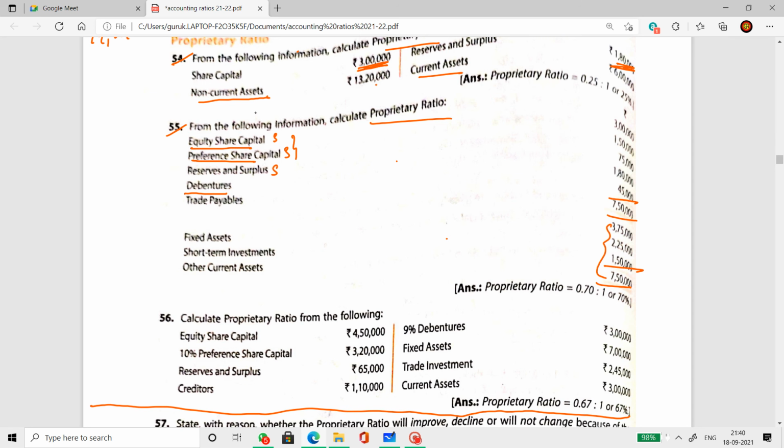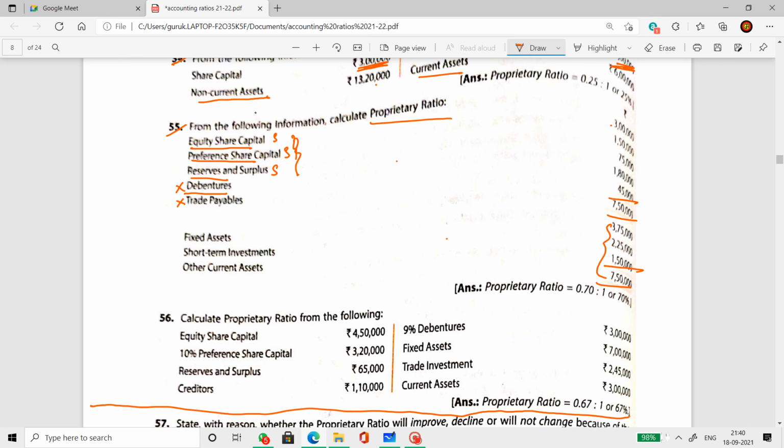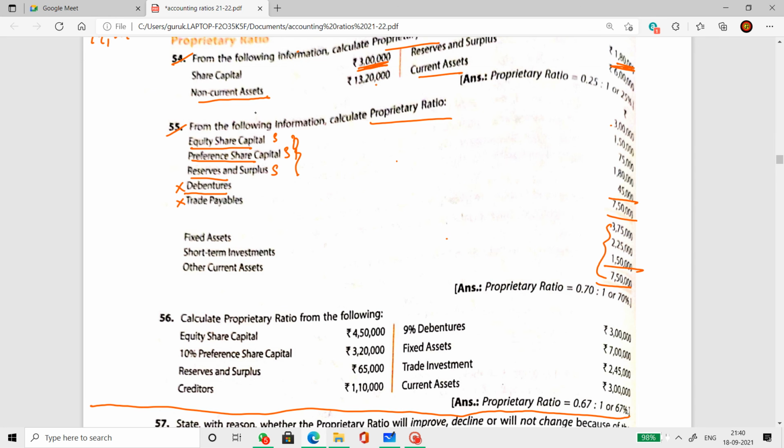Equity, preference, reserves. Remember, debenture is a long-term debt, trade payable is a current liability. So add the first three will be your shareholders fund divided by the total asset. So 3 lakh plus 1 lakh 50, 4 lakh 50 plus 75, 5 lakh 25 divided by 7 lakh 50.